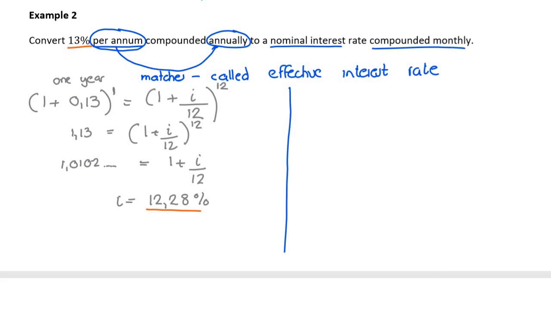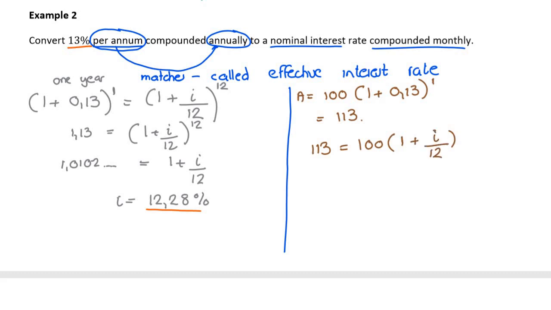Okay, let's have a look at the other option. The other option would be to take 100 Rand and to work out what 100 Rand would be worth after 1 year. So you put your money in at 13% compounded annually for 1 year, and you get 113 Rand. Now your option would be to say, right, how do I get out 113 Rand from 100 Rand if I don't use 13%, but I use some interest rate compounded monthly for 1 year, which is 12 months.